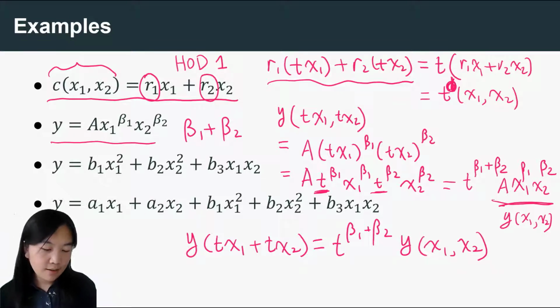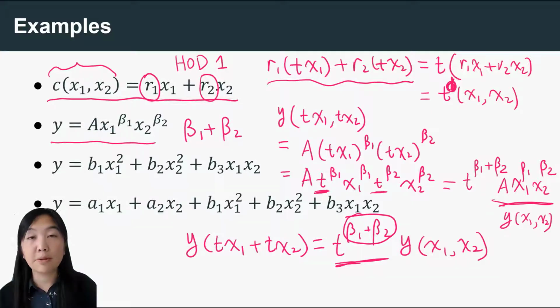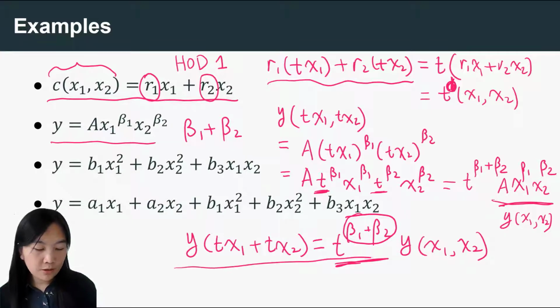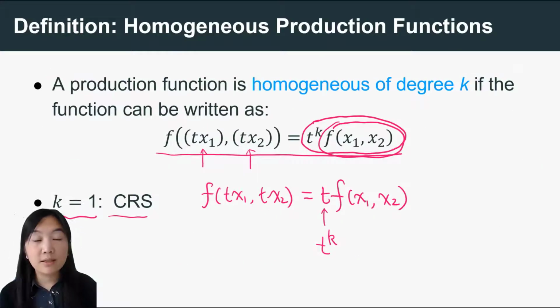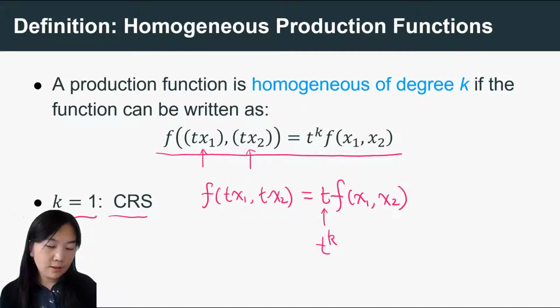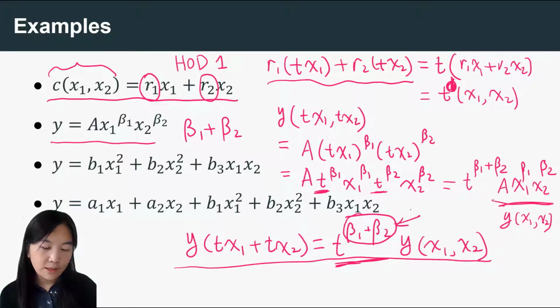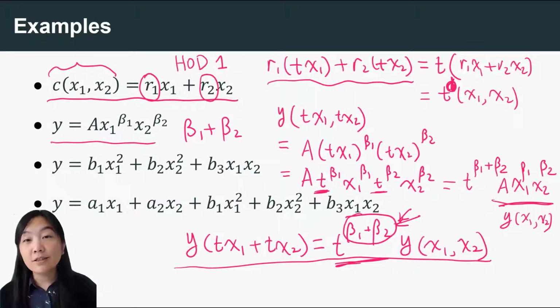For this case, the exponential term is beta 1 plus beta 2. If you compare this equation with our definition, you can notice that k is exactly this beta 1 plus beta 2. So this production function is homogeneous of degree beta 1 plus beta 2.